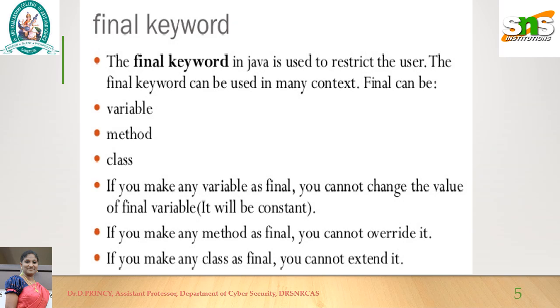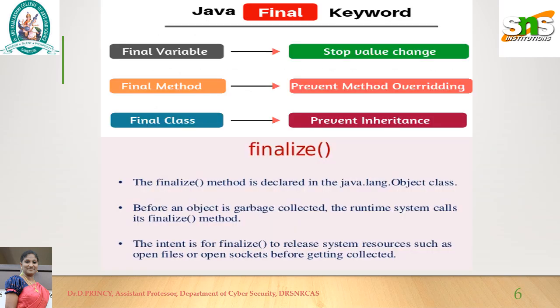That means the class cannot be inherited. Again, if it is a variable, we cannot change the value. If it is a method, we cannot override it. If it is a class, we cannot inherit it. So in Java, a final variable stops value change, a final method prevents method overriding, and a final class prevents inheritance.